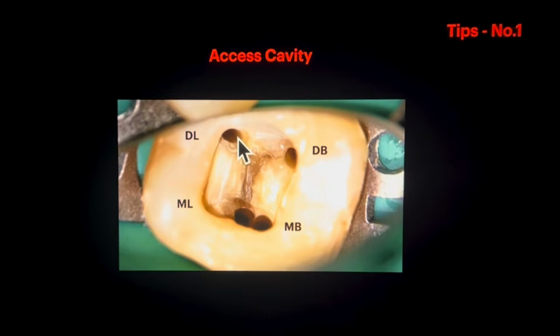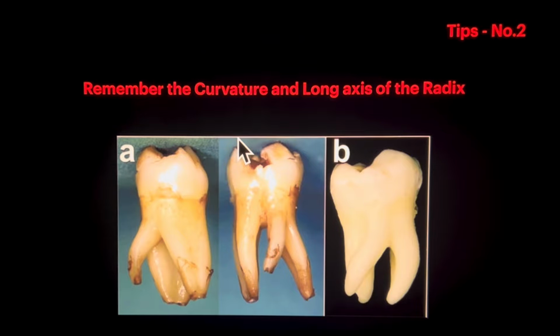thereby minimizing the chances of errors in your Radix Entomolaris cases. Now tip number 2, remember the curvature and long axis of the radix. Before going to your root canal cases of Radix Entomolaris, if you see this picture on the left side, this is the distolingual root of this tooth. This is the distobuccal root and this is the mesial root.